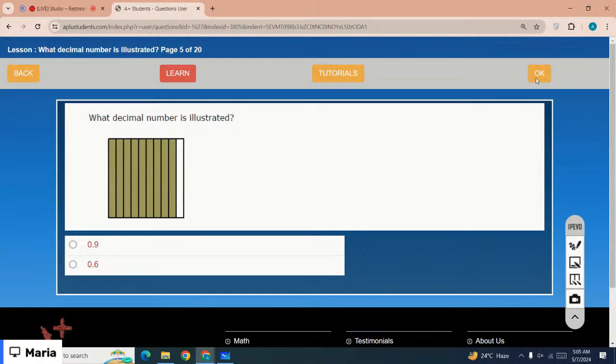The correct option is 0.9. Option number 1 is the correct option.